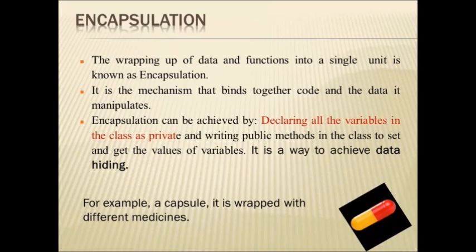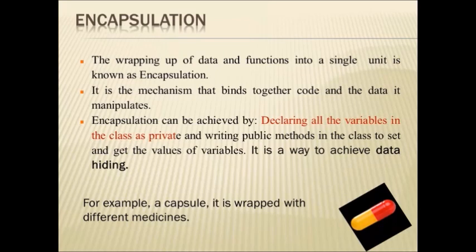So if you are declaring your variables in the class as private, the data is hidden and the functions declared in the class can access those variables only. That is the concept of data hiding. That is one important property of an object-oriented system.